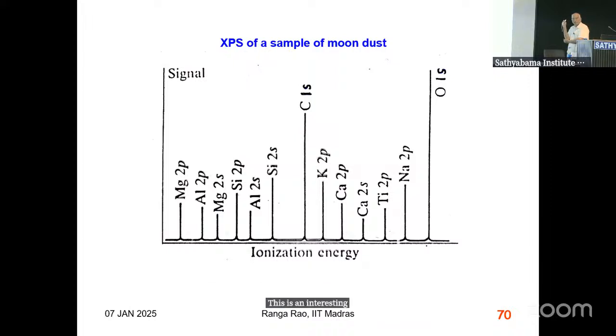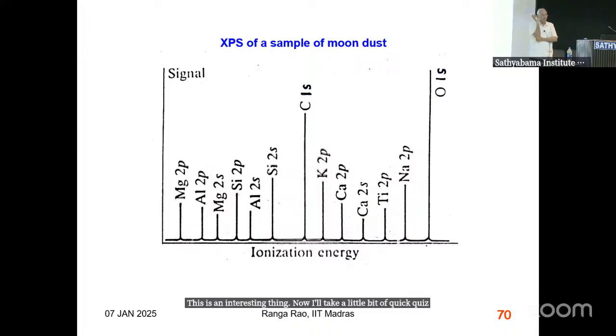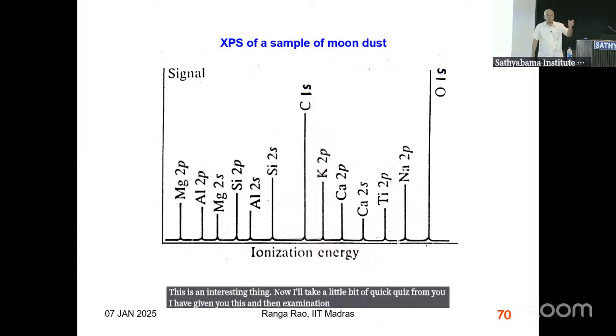Now I'll take a little bit of a quick quiz from you. I have given you this in an examination and asked you to interpret. Tell me what you understand from this. Make any statement.